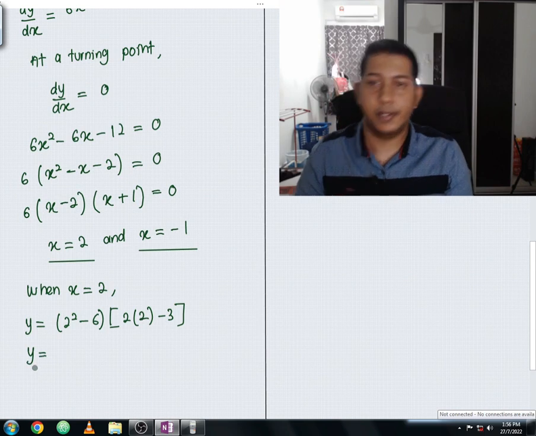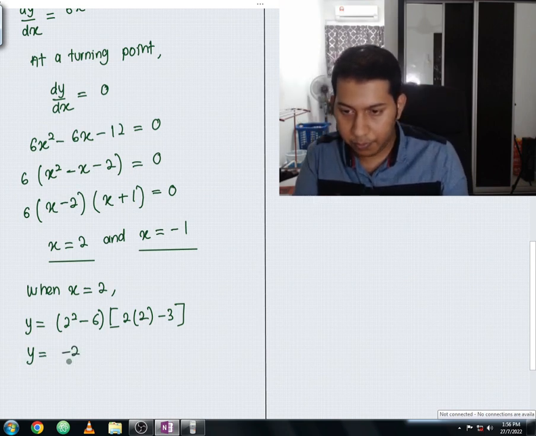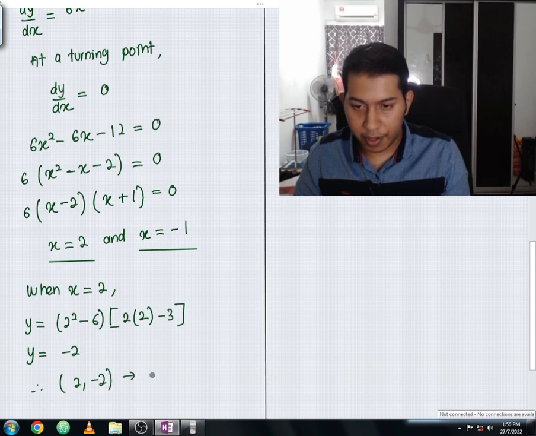So you calculate this, you should get your y is equals to negative 2. So therefore (2, negative 2) is your first turning point.